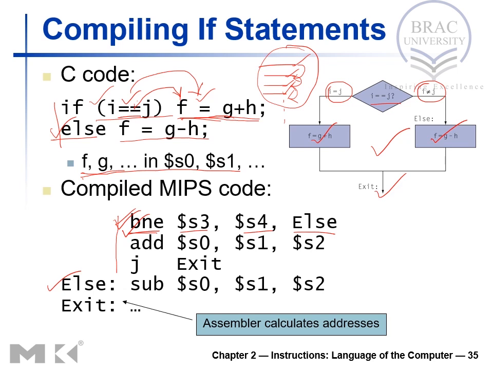But we need to think about what would happen if i is not equal to j, and that's why we started with branch not equal to $s3, $s4, with the label else, which means if $s3 and $s4 are not equal, then go to else. So your program comes to else and executes the sub instruction, which you can find in the original C code. Now what if i equals j?